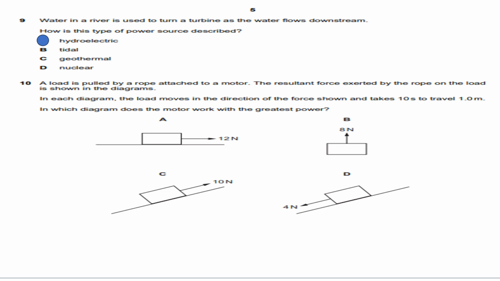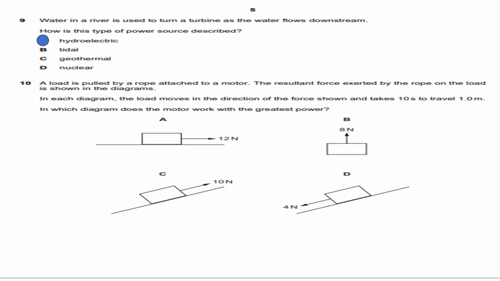A load is pulled by a rope attached to a motor. The resultant force exerted by the rope on the load is shown in the diagrams. In S diagram, the load moves in the direction of the force shown and takes 10 seconds to travel 1 meter. In which diagram does the motor work with the greatest power?